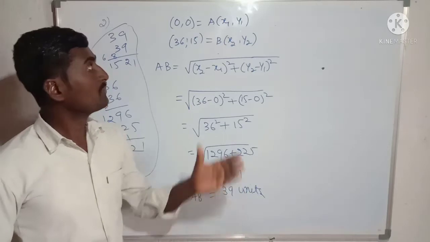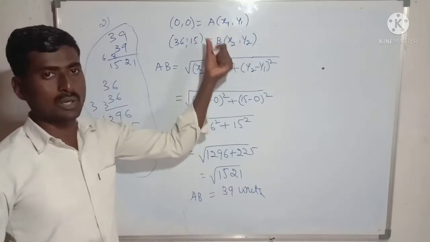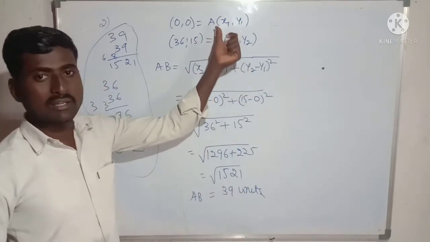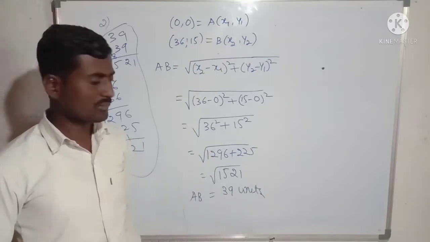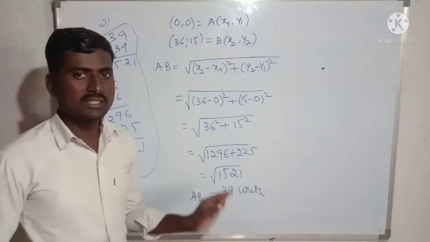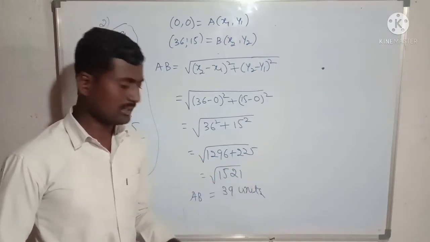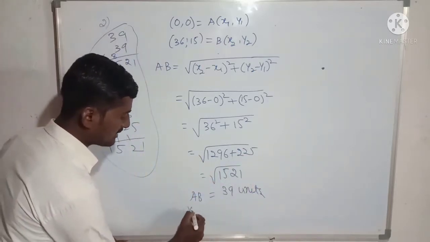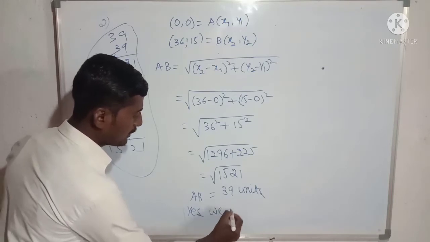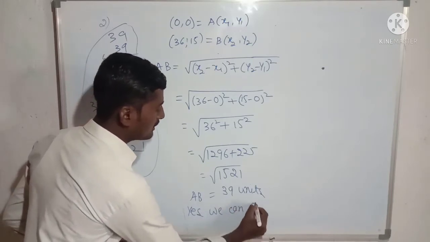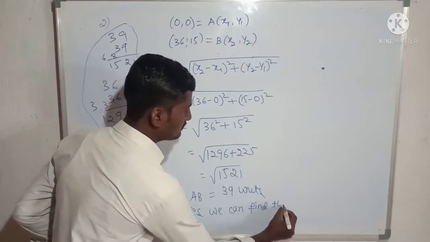So they gave 2 points, meaning 2 towns they gave, then we can find the distance between them. So for that I can give the answer as: it is possible to find the distance between 2 towns A and B. Yes, we can find the distance.